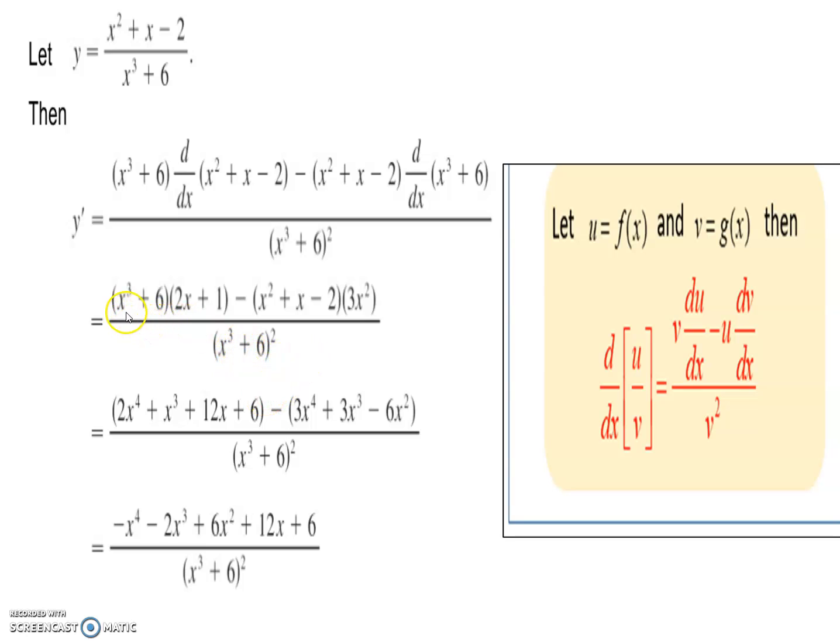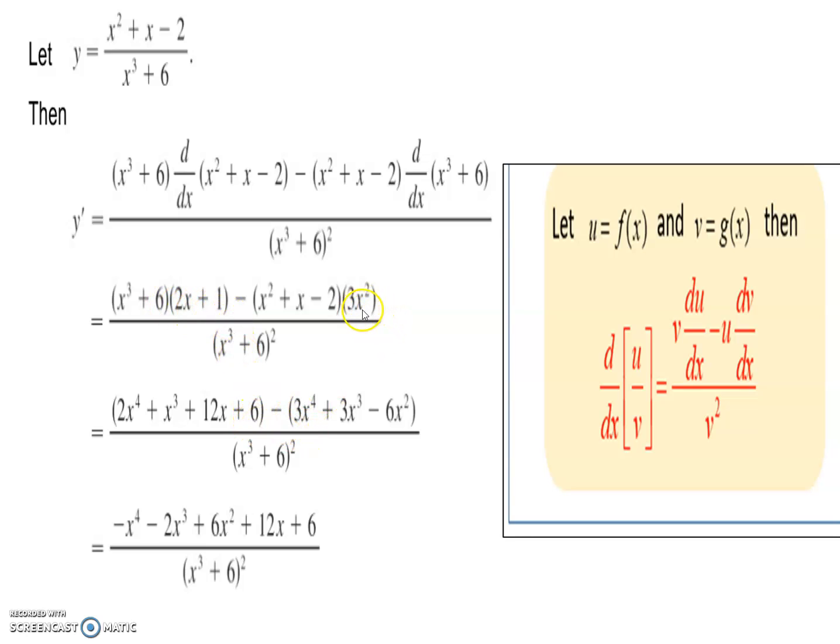We have to simplify: x cube plus 6 times 2x plus 1, minus x square plus x minus 2 times 3x square, upon x cube plus 6 whole bracket square. Therefore, multiply x cube into 2x, that is 2x raised to 4. x cube into 1, x cube. 6 into 2, 12x. 6 into 1, 6.